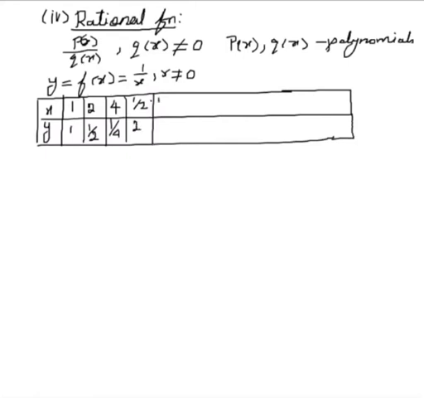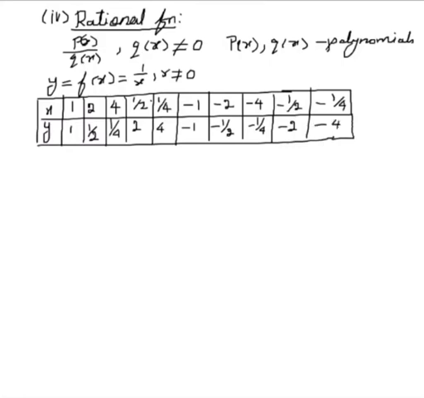And if x is 1 by 4, y will be 4. Let us take negative values. For minus 1, it is minus 1. For minus 2, minus 1 by 2, that is minus half. And for minus 4, it is minus 1 by 4. And for minus half, it becomes minus 2. And for minus 1 by 4, it is minus 4.